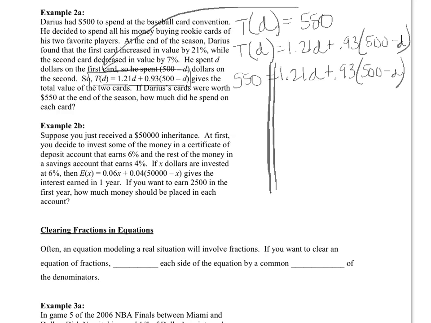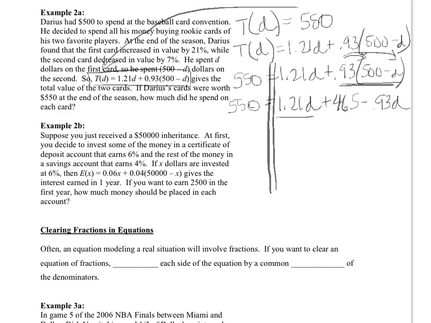First we're going to do the distributive property that we just talked about because we can see we have parentheses. So 550 equals 1.21 D plus, we're going to distribute the 0.93 to both parts. 0.93 times 500 is 465 minus 0.93 D. We can combine like terms on the right side.